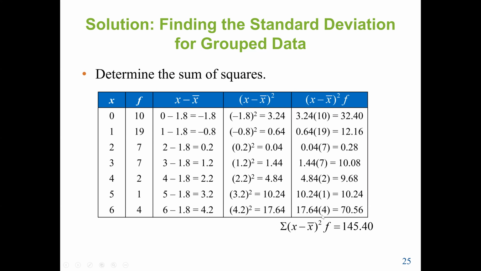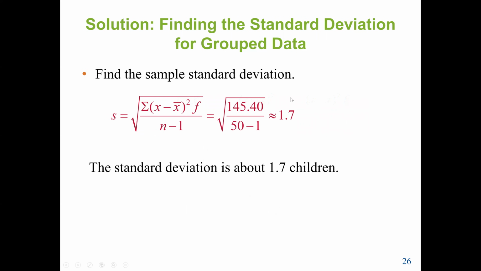If it repeats 4 times, we multiply 17.64, which is the squared deviation, by the frequency, how many times it appears. If we know this value, 145.4, then we can find the standard deviation, which will be the square root of 145.40 divided by 50 minus 1, where 50 is again the sample size.